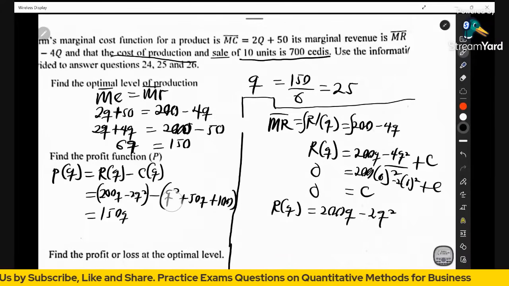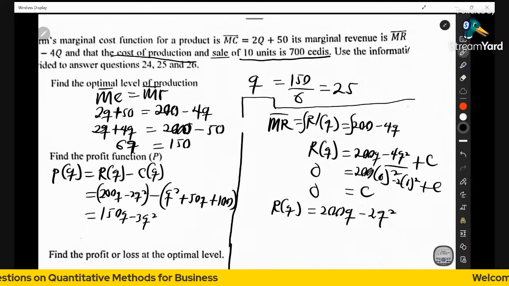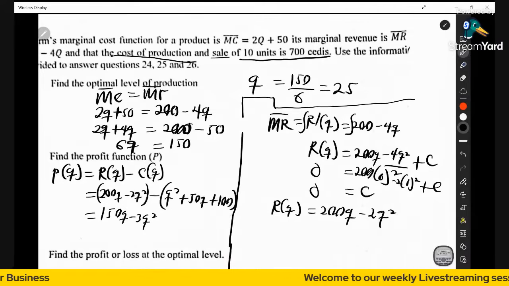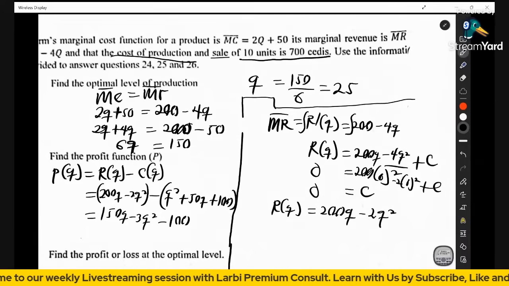And here negative Q square, negative 2Q square, I'm getting negative 3Q square. And then we come back to the negative 100. So at the end of the day, your profit function should be equal to 150Q minus 3Q square minus 100.